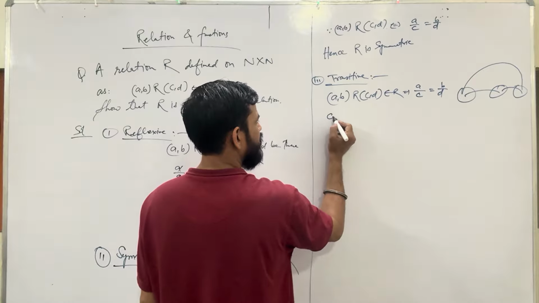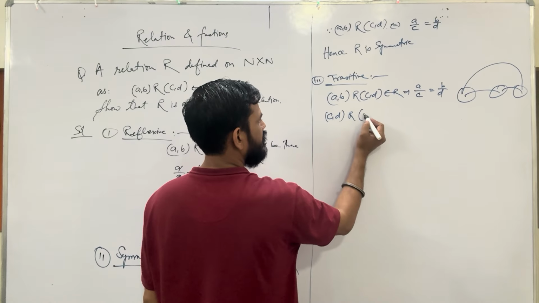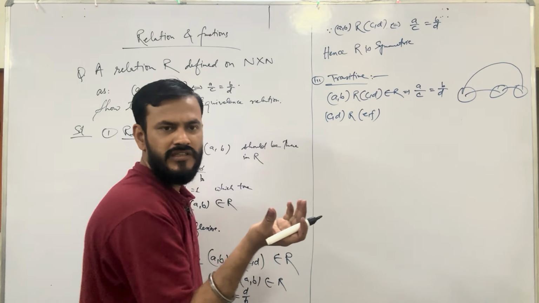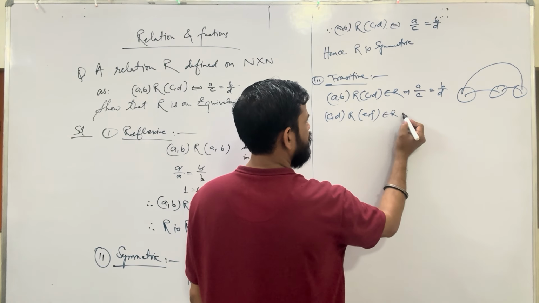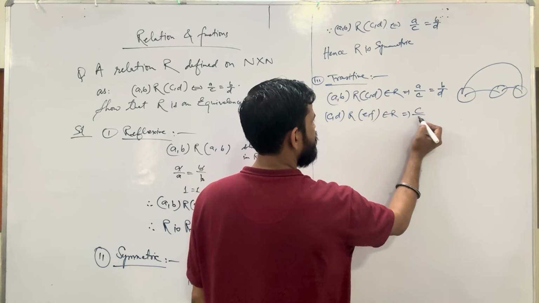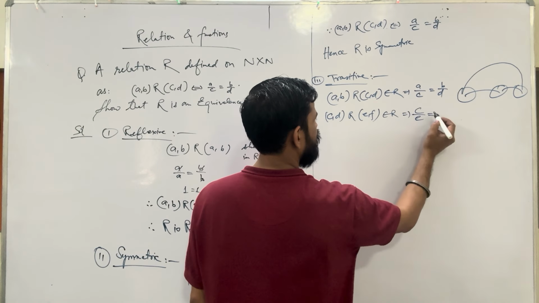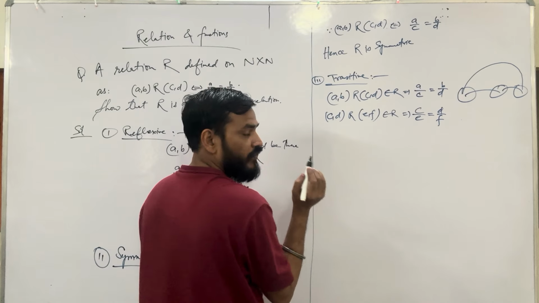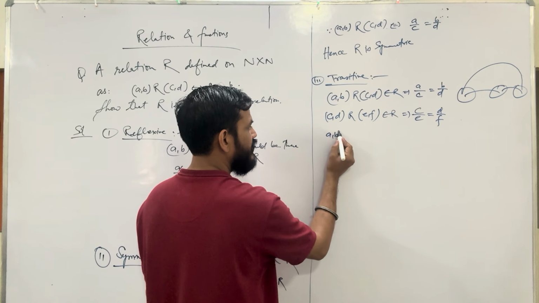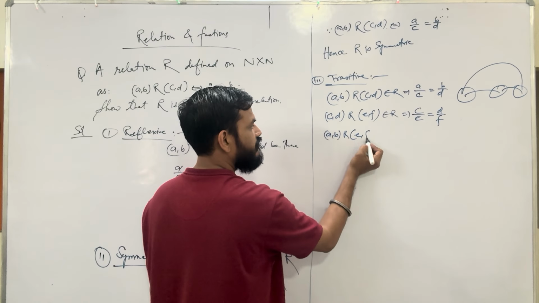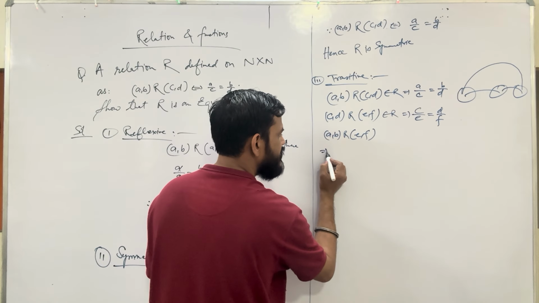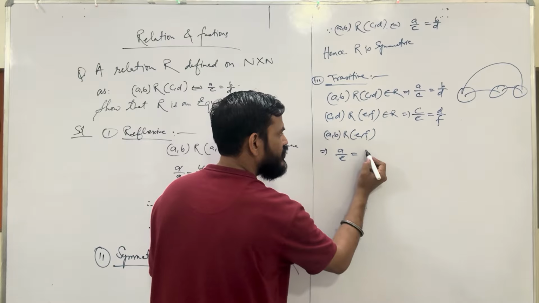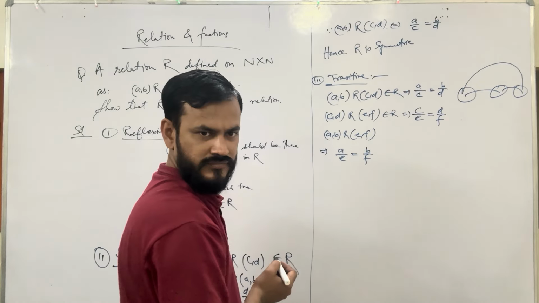We also assume that (c, d) R (e, f), another ordered pair, also belongs to R. That means the relation c/e must equal d/f. We need to prove that (a, b) R (e, f) also belongs to R. So what should be the relation for this? a/e must equal b/f, right?